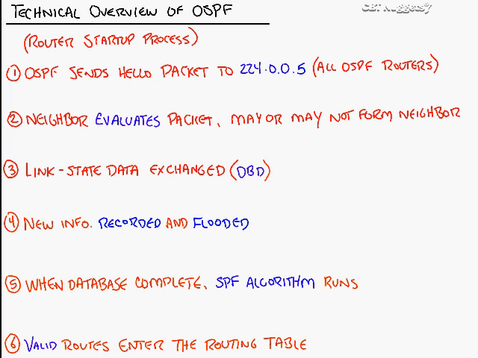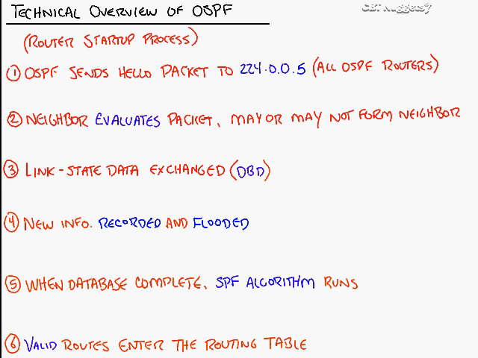Well, at that point, it will exchange its link state database. This is known as a DBD packet, a database description. This is like the cliff notes of the entire roadmap that OSPF router has of the network. Remember, this is a link state routing protocol. Link state routing protocols don't just have a routing table.